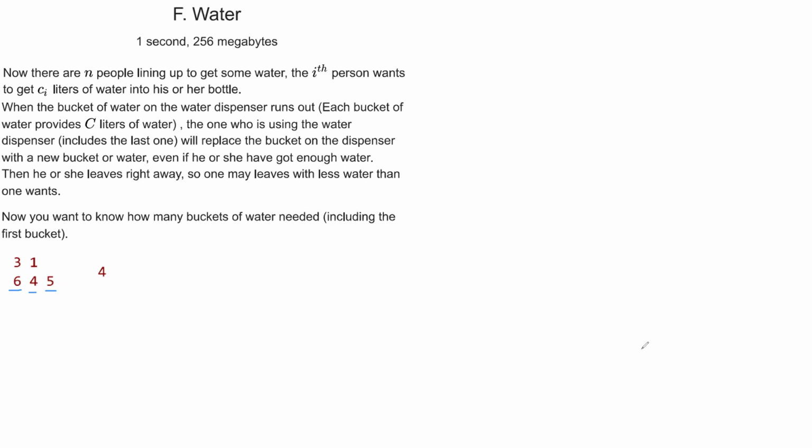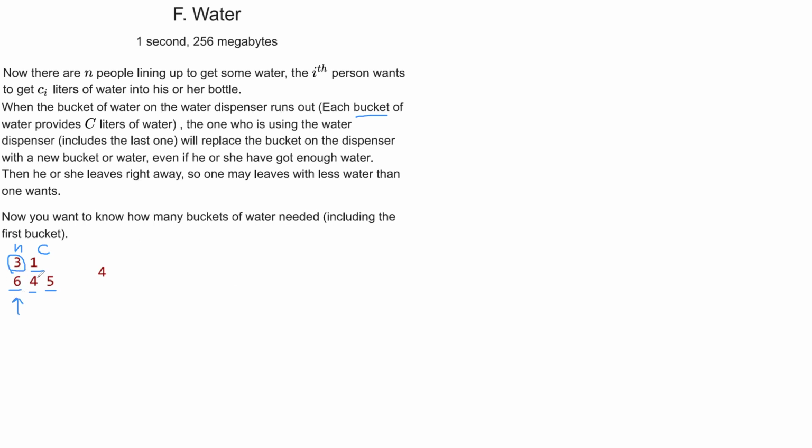And then we have some limitations. The first number is the number of people in the queue, and the second number is the limit of our bucket. Each bucket has a limit of so much water. So what do we do? Well, we just create a loop.